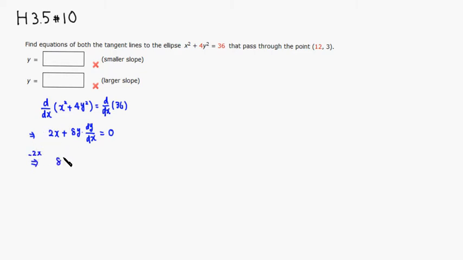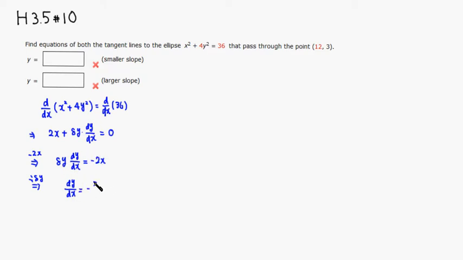We get 8y dy over dx equal to negative 2x. Then divide through by 8y.